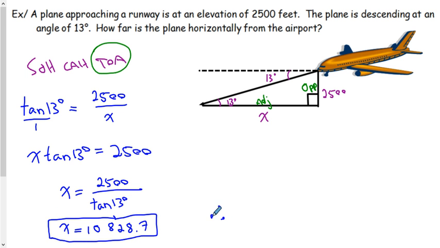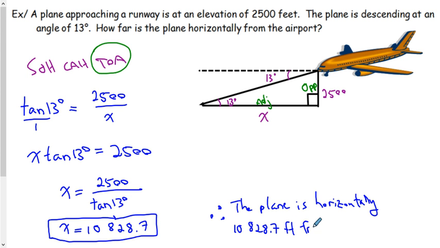I'll say therefore the plane is horizontally 10,828.7. I mean, that's stretching it to know that we're that accurate, right? So 10,800 is probably a more accurate number, but a more realistic number to say is horizontally that many feet from the airport.